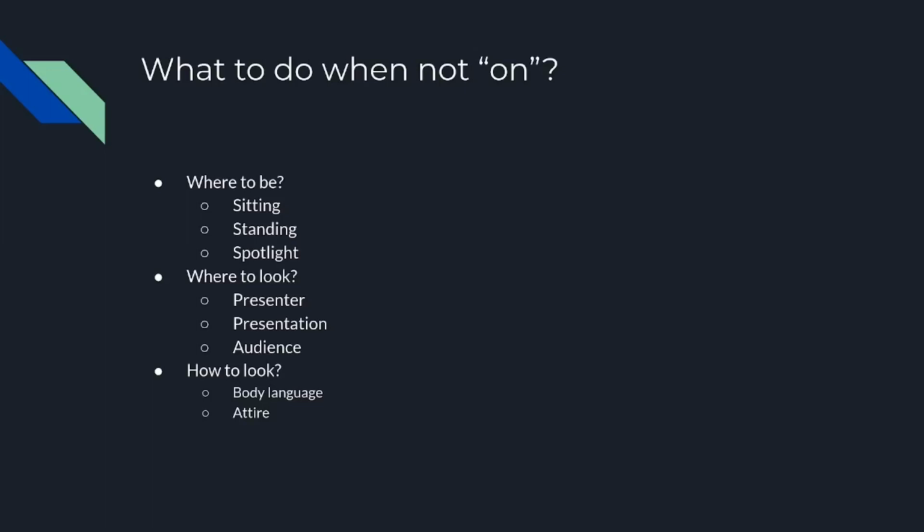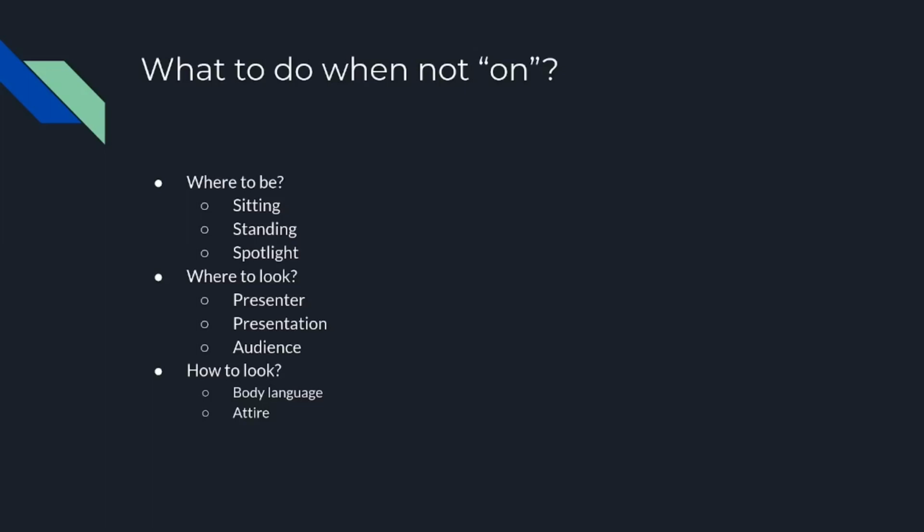Now, as to what to do when not presenting. You need to be not in the spotlight. With body language, there's a certain spotlight the audience places on a person depending on how you place your team members.